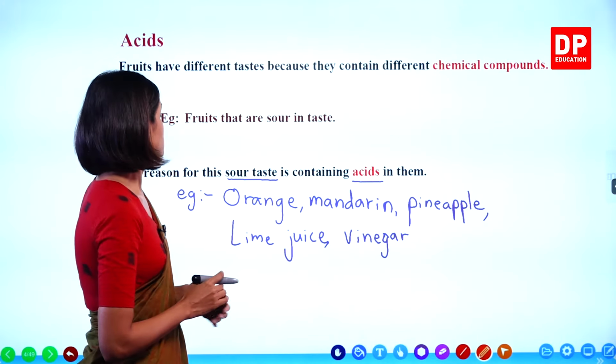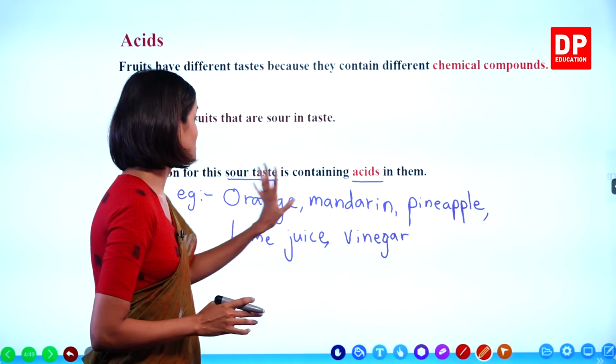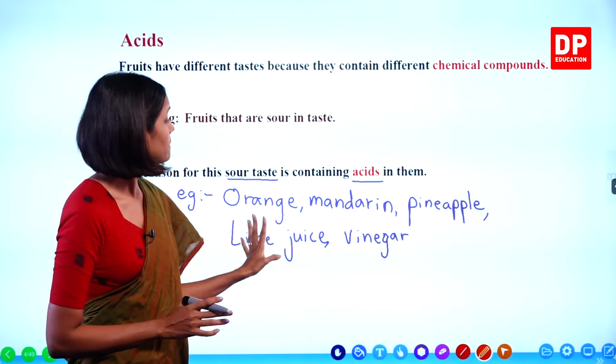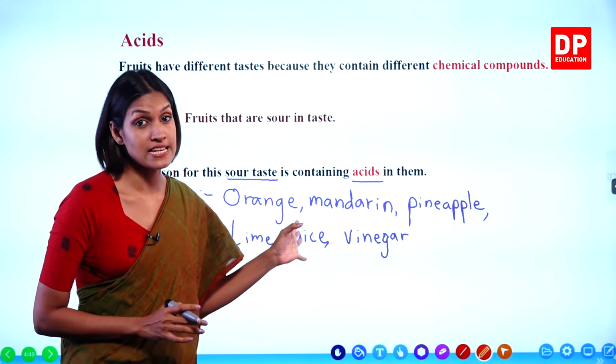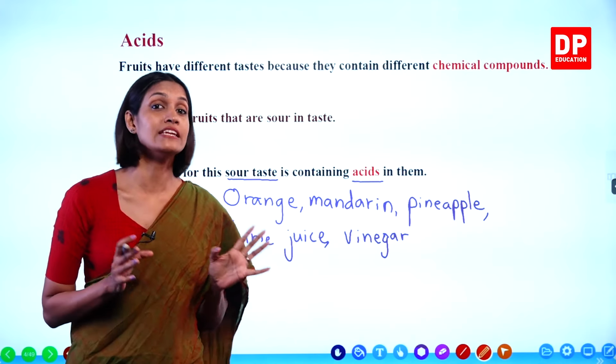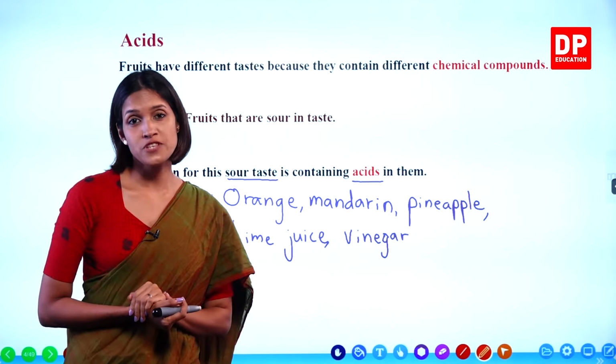Okay, children. So orange, mandarin, pineapple, lime juice, these are the fruits with a lot of acids, because they are sour in taste. The reason behind this sour taste is the acids contained in these types of substances.